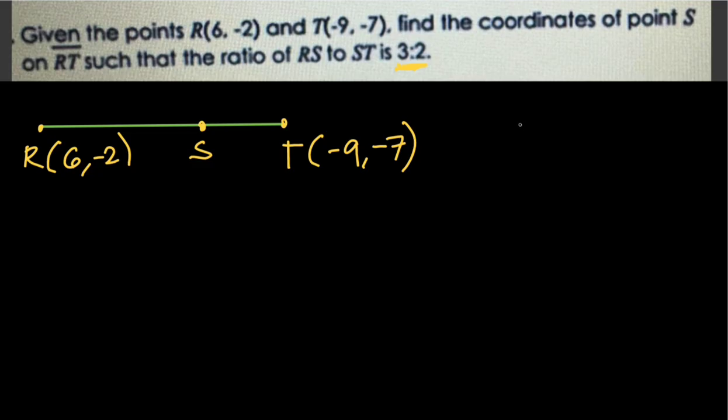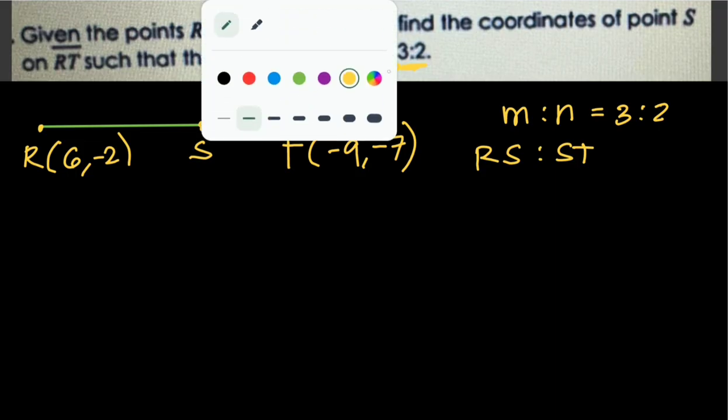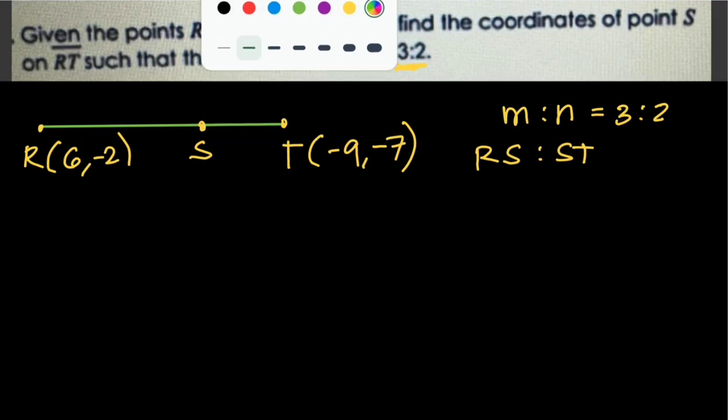We're also given the ratio m to n, which is 3:2, so m to n is just the ratio of RS to ST. Let's solve this using the section formula.